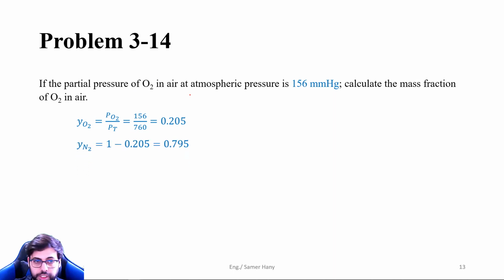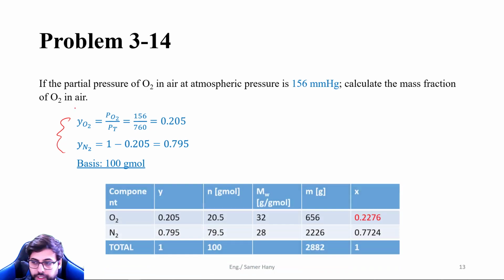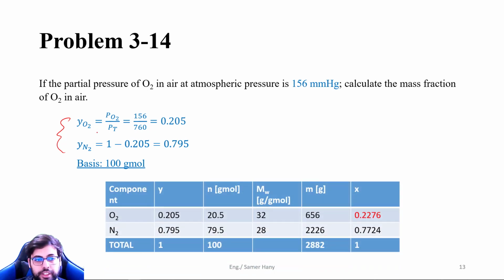Since it didn't say anything about the composition of the air, just as we agreed before, we can assume that air only contains oxygen and nitrogen, and as we can see here, it's 20.5% oxygen, 79.5% nitrogen.